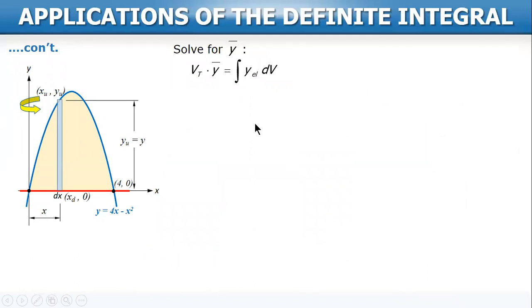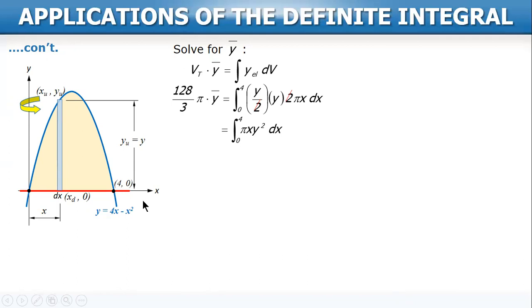So, y sub EL is 1/2 of y. And then our dV, of course, volume sa shell, which is height sa strip, circumference, thickness. And makancelan to. And we have this one, pi x y squared dx.